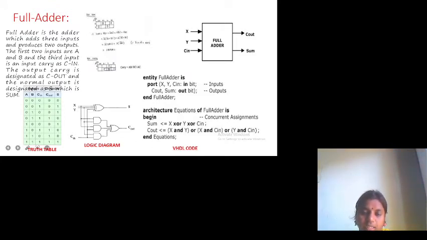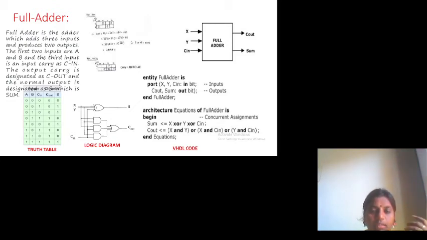Within the architecture, in between begin and end, I am writing sum S is assigned X XOR Y XOR Cin, and Cout is assigned X and Y, where the plus symbol is replaced with logic OR, X and Cin or Y and Cin. The architecture name given here is VHDL equations. So this is the full adder representation, an RTL code for a single bit full adder.